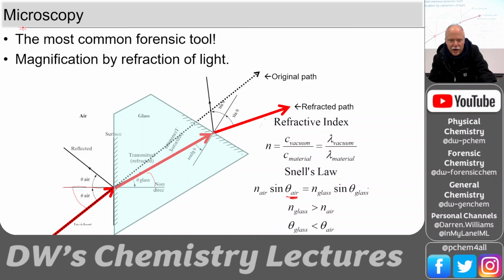So we have the angle in air, the angle in water, and we have the sine of those angles, and then we have the refractive indices here of glass and of air. And so you can see that as this incident light comes in, it strikes this surface at a certain angle with the normal.